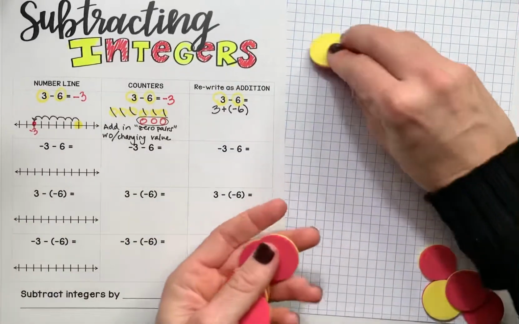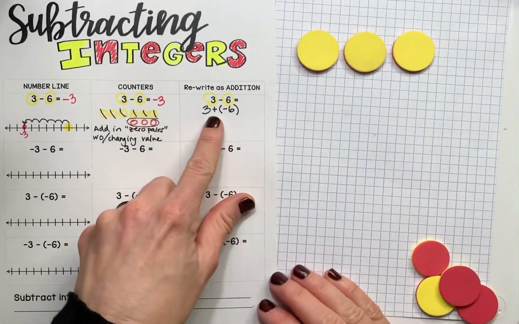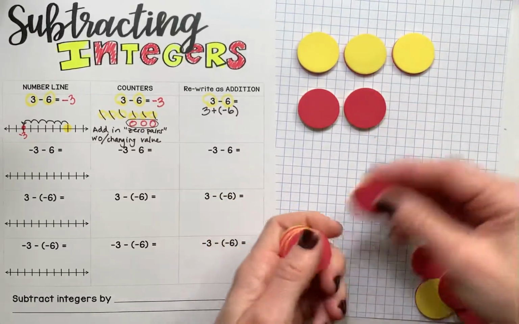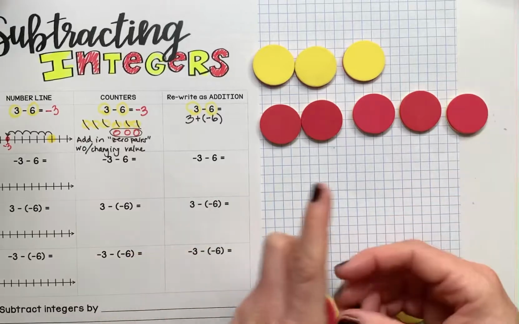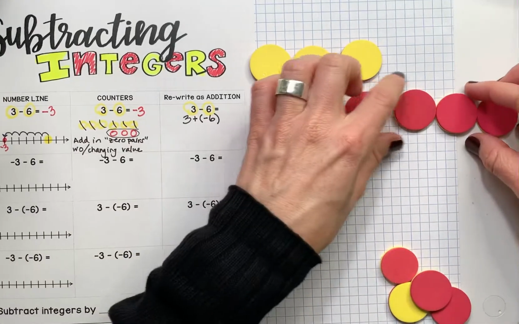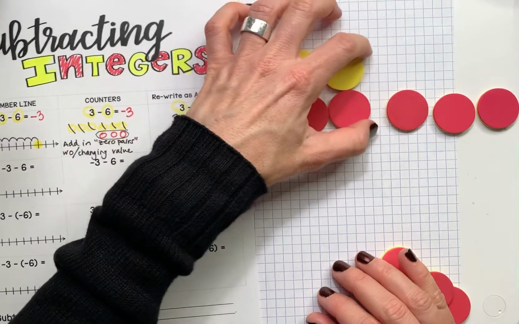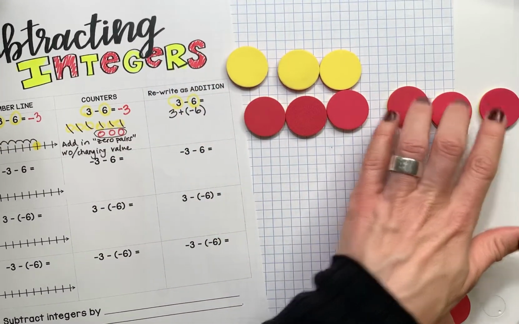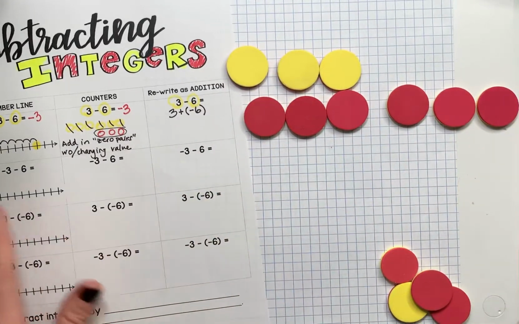Okay, so if I have a positive 3 and I'm adding 6 negatives, 1, 2, 3, 4, 5, and 6, I get 1, 2, 3 sets of 0 pairs, and then I have negative 3 extra. So these all cancel each other out, and then I'm left with negative 3.